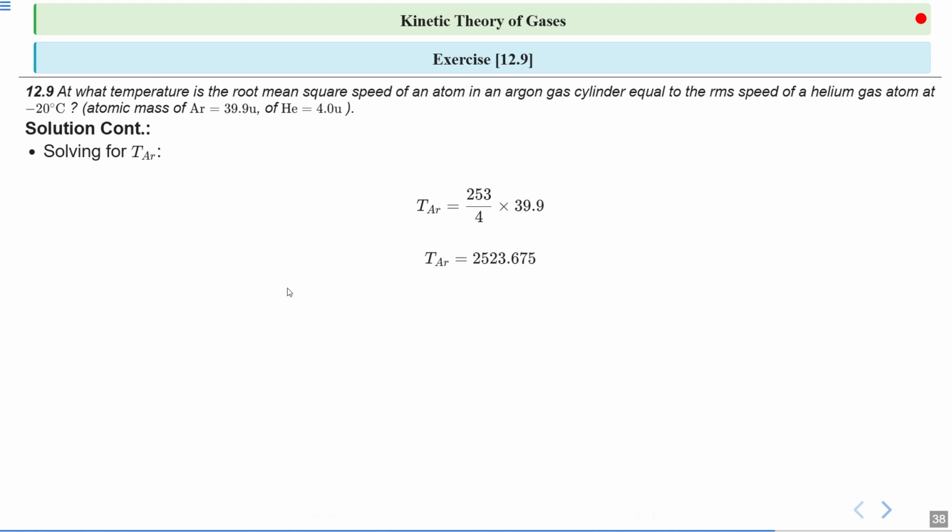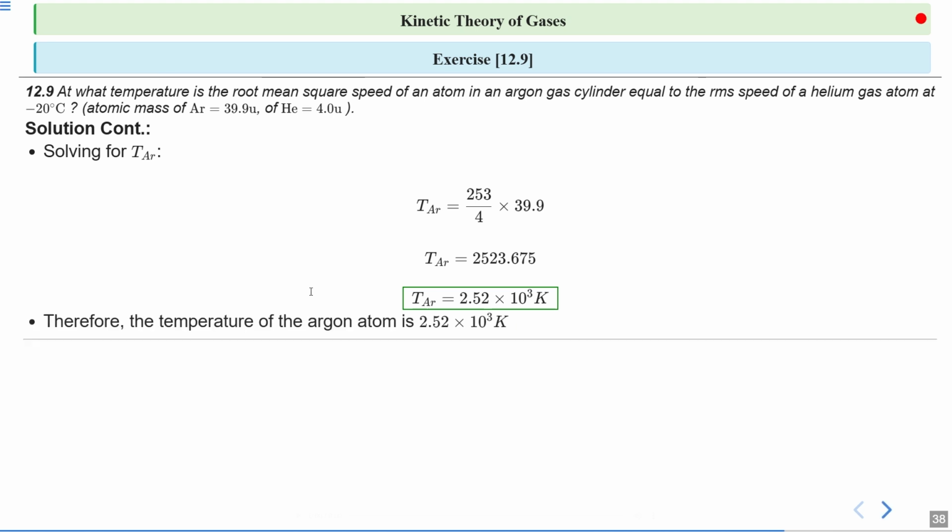So T_Ar is equal to 2523.675. So T_Ar is equal to 2.52 into 10 raised to the power 3 Kelvin. This is a concise way to express the temperature, making it easier to communicate. Therefore, the temperature of argon is 2.52 into 10 raised to the power 3 Kelvin.